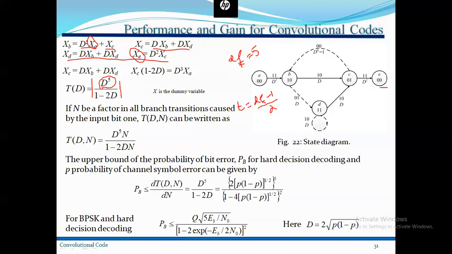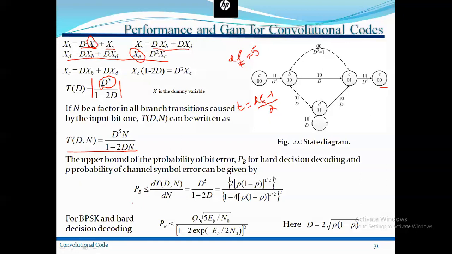So if we add the number of ones in the matrix, we have the n factor added into it, and we have the transfer function reduced to d5n over 1 minus 2dn. And from this, by putting the value of n equal to 1, we calculate the upper bound for this.